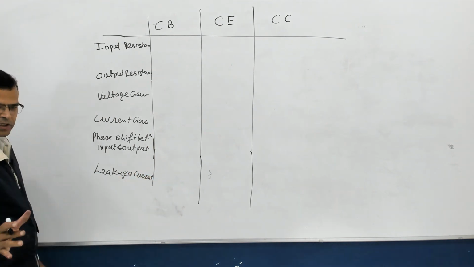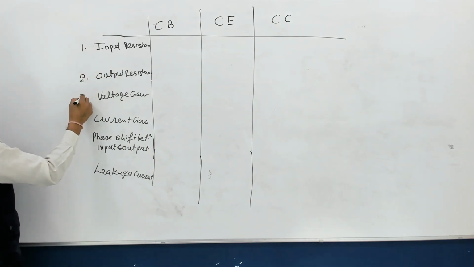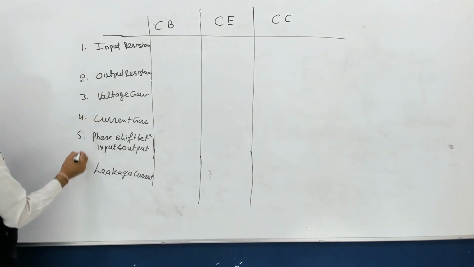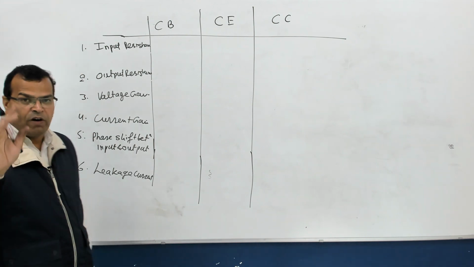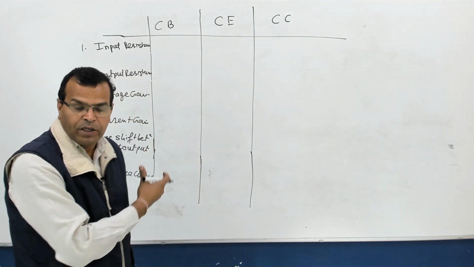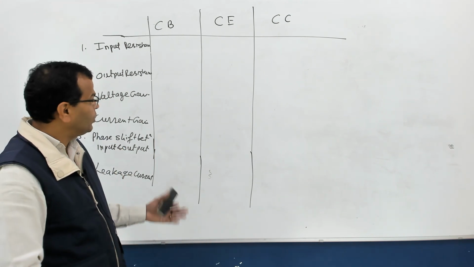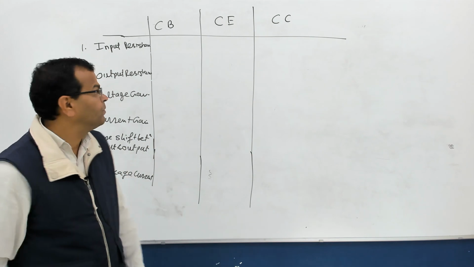These are the points I will be talking about. This is the first point, this is second point, this is third point, this is fourth point, this is fifth point, this is sixth point. I repeat, you have plenty of questions in engineering services prelims from this table itself, and there can be questions this year also. There are questions in GATE as well, 1 mark question.